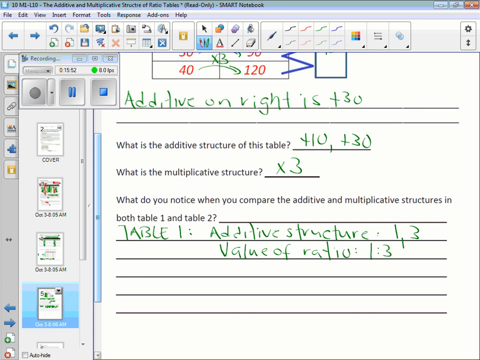Table 2. What was the additive structure? Liam? Yes. I'll let you get caught up because here comes the punchline.